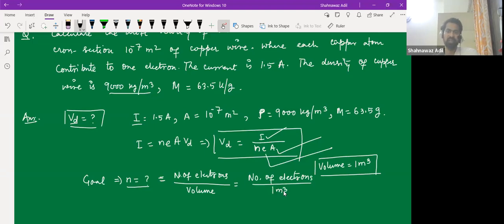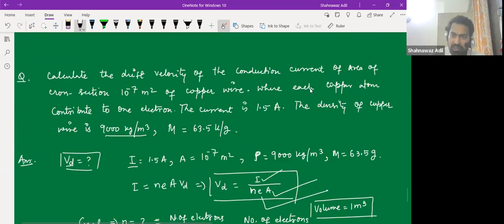And what else is given? It is given that each copper atom contributes 1 electron. So if I want to calculate the number of electrons, then what should I calculate? I have to calculate the total number of electrons in a copper wire, right?